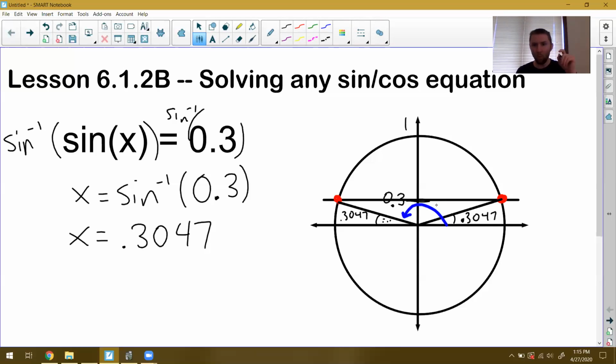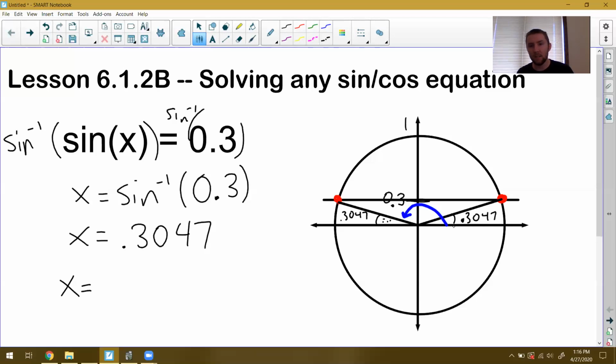So when we're dealing with the sine of x, if you know one value for x from your sine inverse on your calculator, you can very easily find the other angle on the unit circle that makes this same sine value by simply doing pi minus.